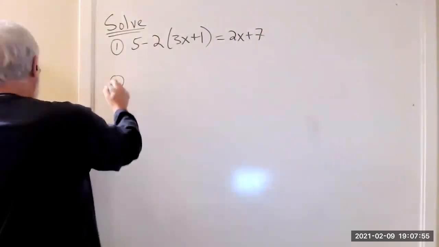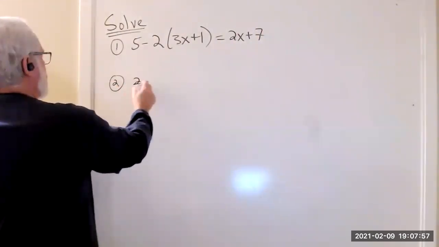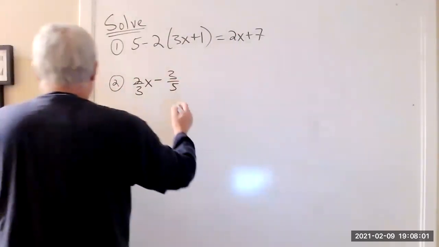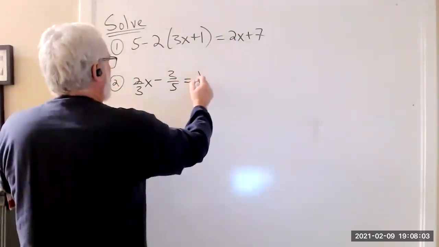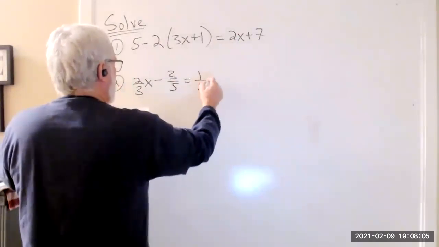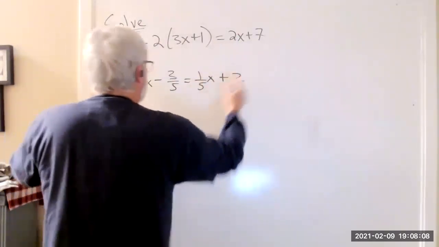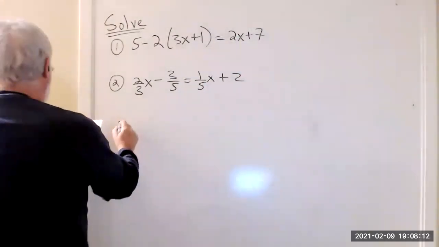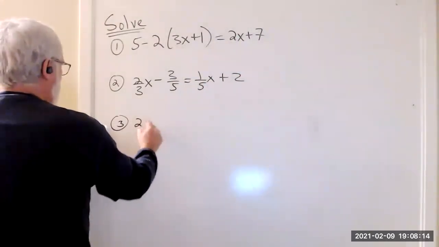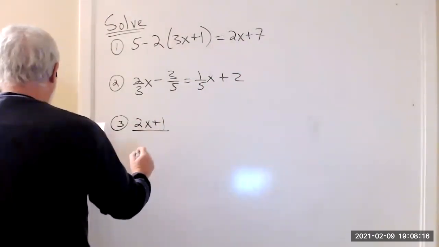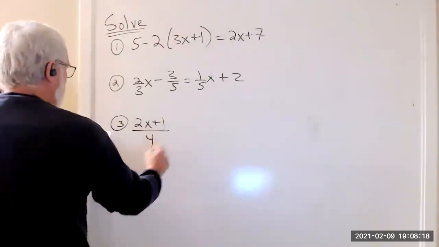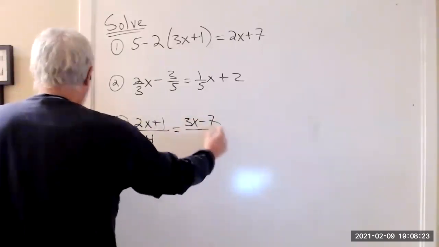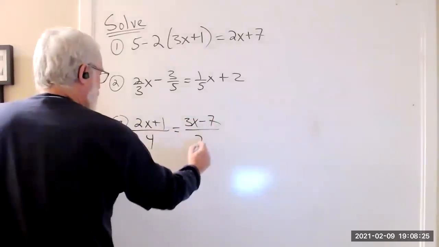Number 2, 2/3 x minus 3/5 equals 1/5 x plus 2. And number 3, 2x plus 1 over 4 equals 3x minus 7 over 2.